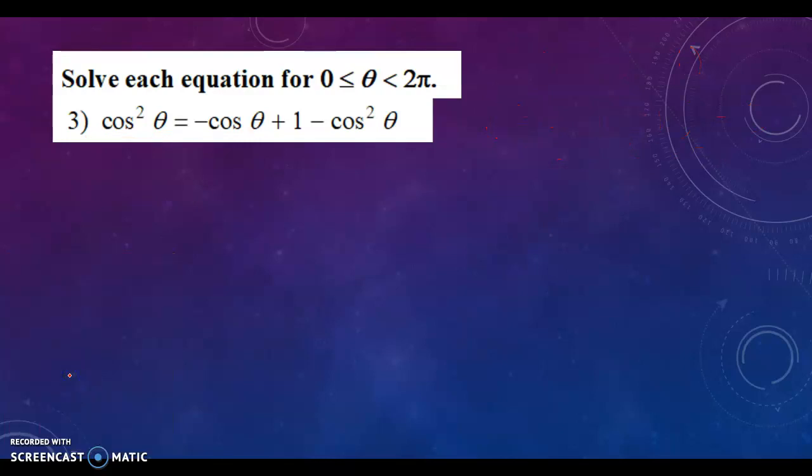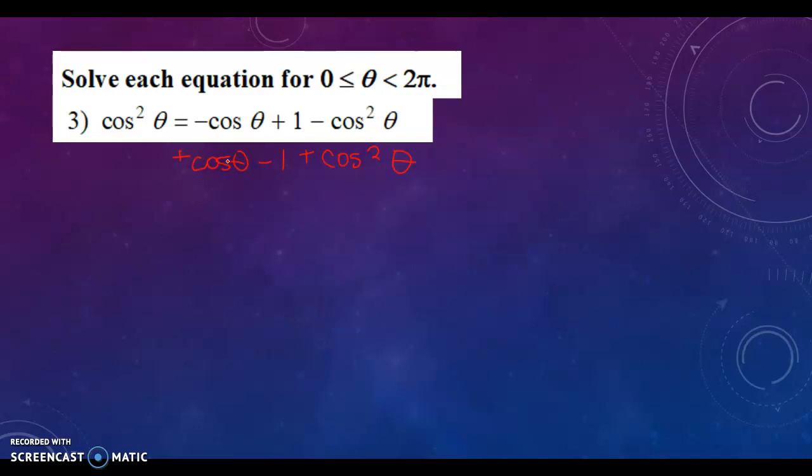Right? So if we have cosine squared theta equals negative cosine theta plus 1 minus cosine squared theta, we can't combine the cosine squared with the cosine. So I'm going to start off by moving everything to one side and setting the other side equal to 0. So I'm going to go ahead and move everything to the left-hand side of my equation. So I'm going to add cosine squared theta, I'm going to subtract 1, and I'm going to add this cosine theta.